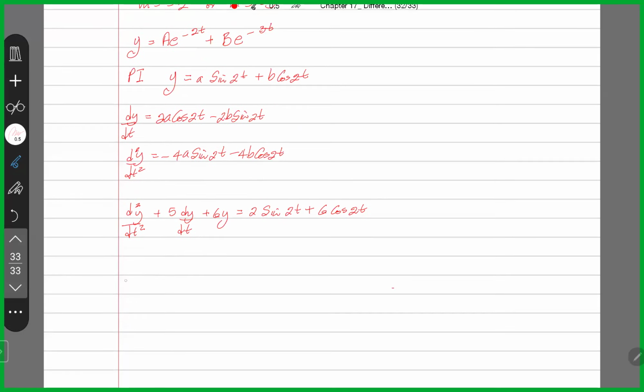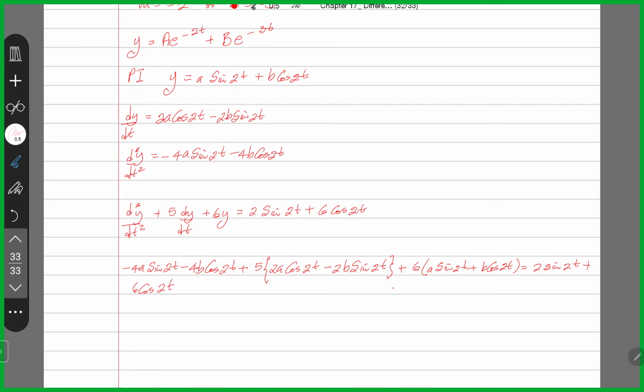Well, substituting back into that, we're going to get minus 4a sine 2t minus 4b cos 2t plus 5 open bracket 2a cos 2t minus 2b sine 2t plus 6y, which is 6 a sine 2t plus b cos 2t, and this is equal to 2 sine 2t plus 6 cos 2t.